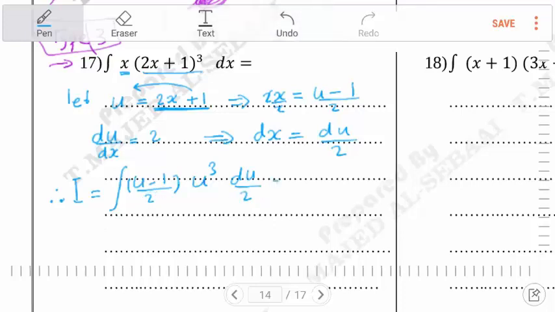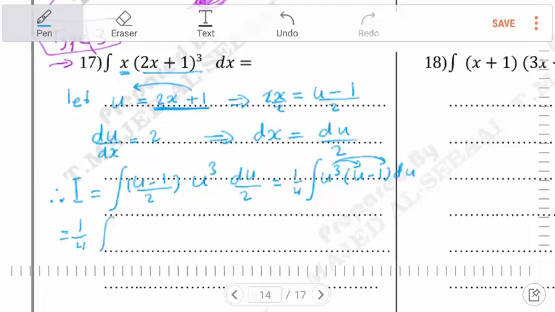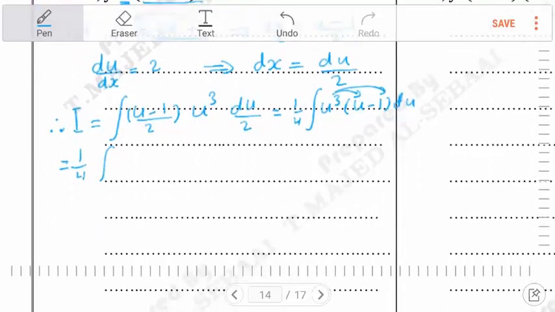So it's going to be 1 over 4 integration of u cubed bracket u minus 1 du. Open. It will be 1 over 4 integration. Until now, I didn't integrate yet. I'm still trying to make it a standard case. So it's u to the 4 minus u cubed, right? du.